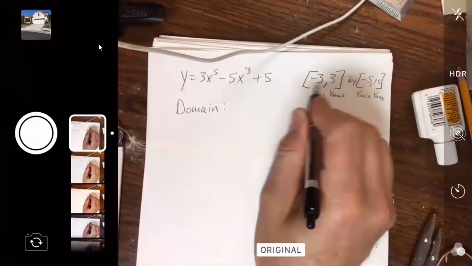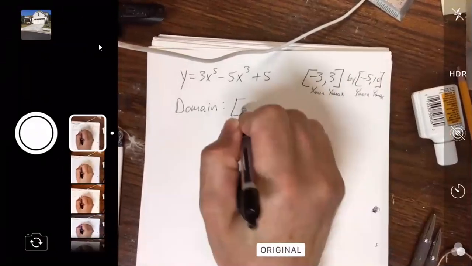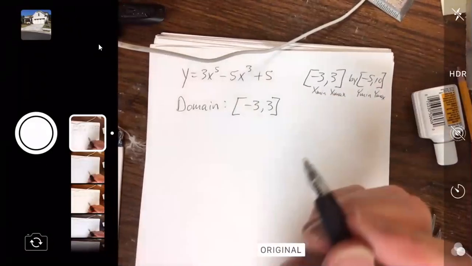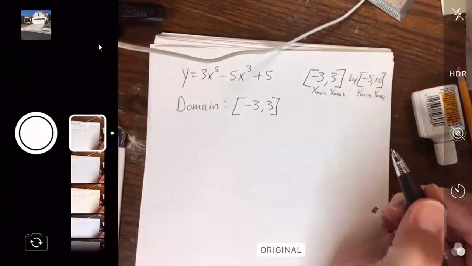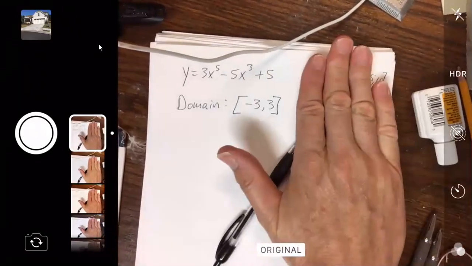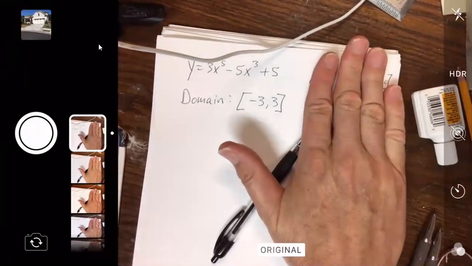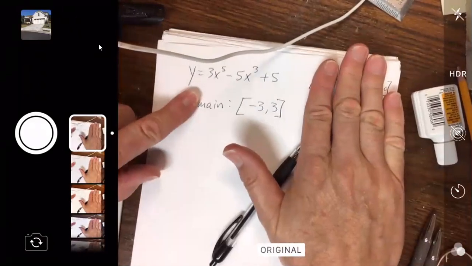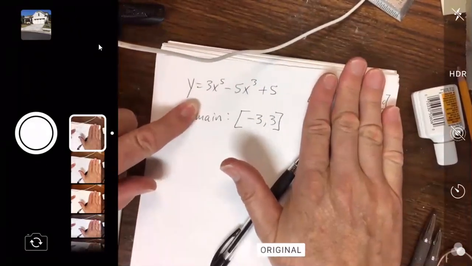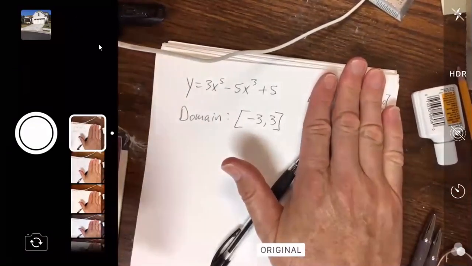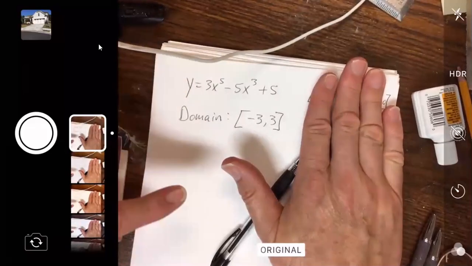So your domain is just going to be this. They've restricted it to -3, 3. If they did not give any of this, your domain would be -infinity to infinity. There's two problems with domain: fractions where you can divide by 0, or square roots that you got to keep positive.